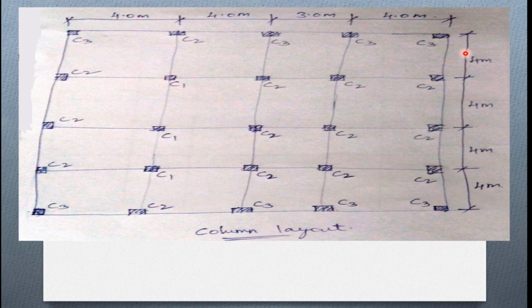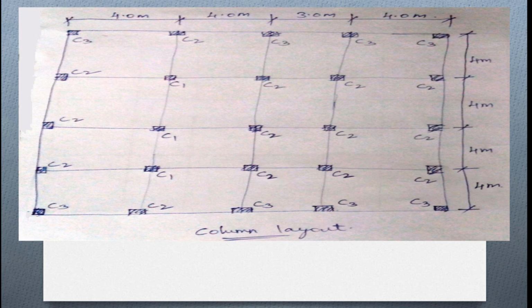I take a column layout: from this corner to here it is 4 meter, the second grid is 4 meter, from second to third to fourth grid is 3 meter, and fourth to fifth grid is 4 meter. In the same way on this side, it is equal, 4 meter, 4 meter, 4 meter and 4 meter.